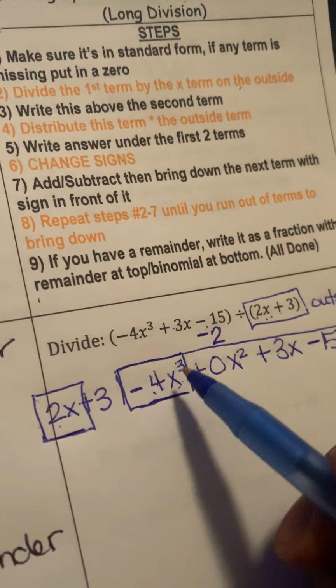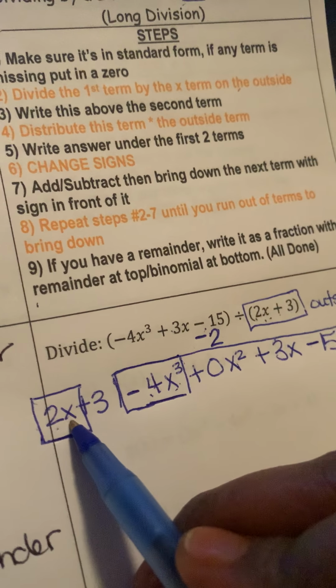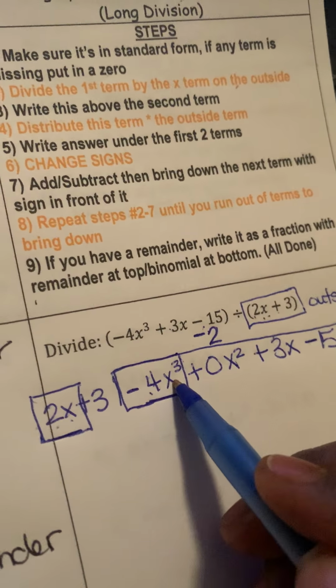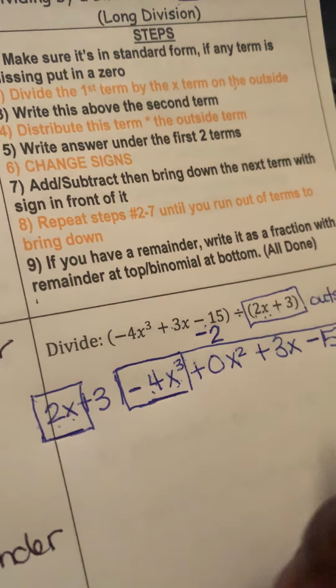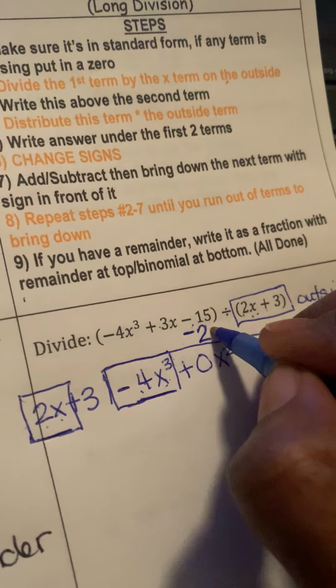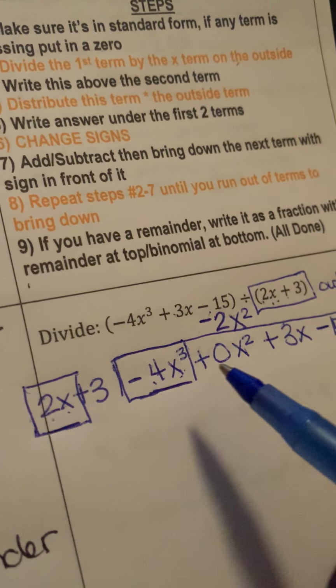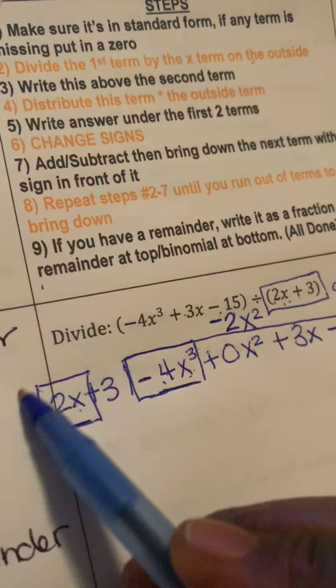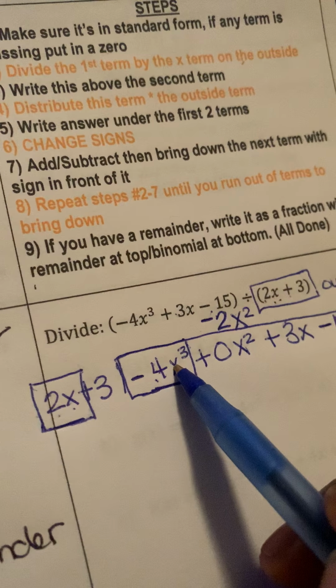All right, then in order to get from just 1x to 3 x's, I need 2 more x terms. So I'm going to add x squared up here. All right, remember the goal is to turn this term, the outside term, into this one.